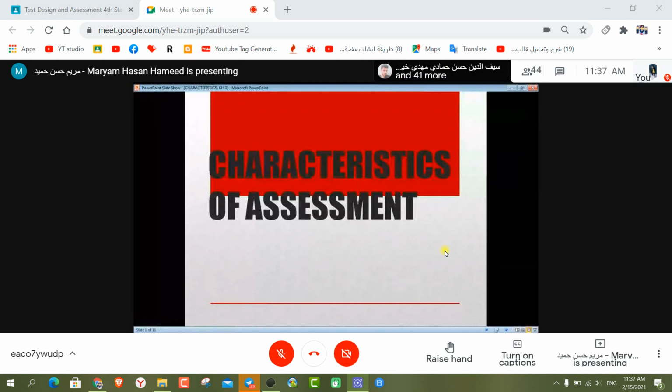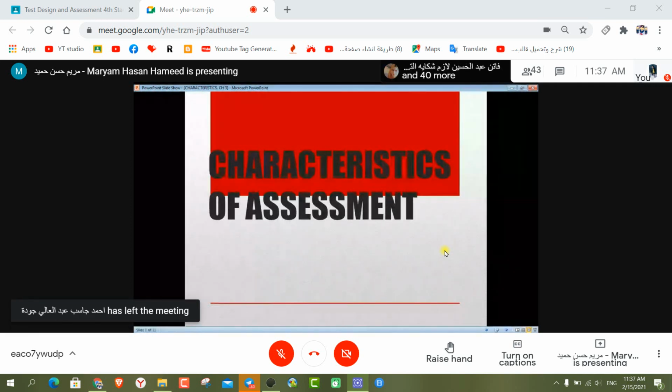Yes, so read it, Mohammed. Validity is the degree to which the test measures what it is supposed to measure, or can be used successfully for the purpose for which it is intended. Two questions must be considered. First, what precisely does the test measure? Second, how well does it do it?